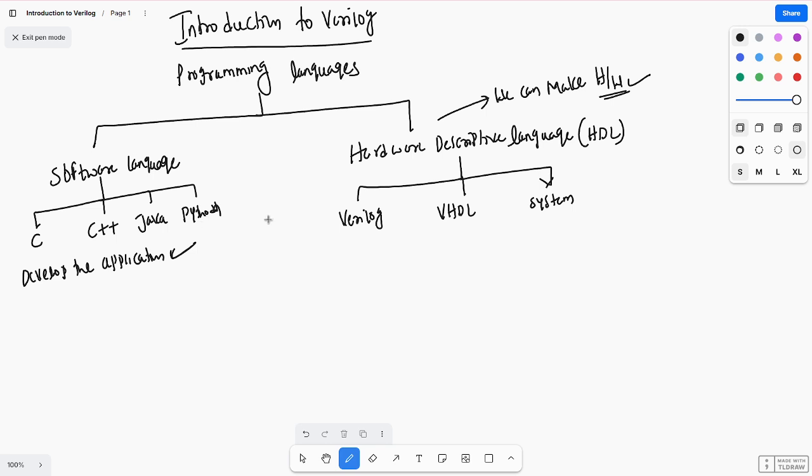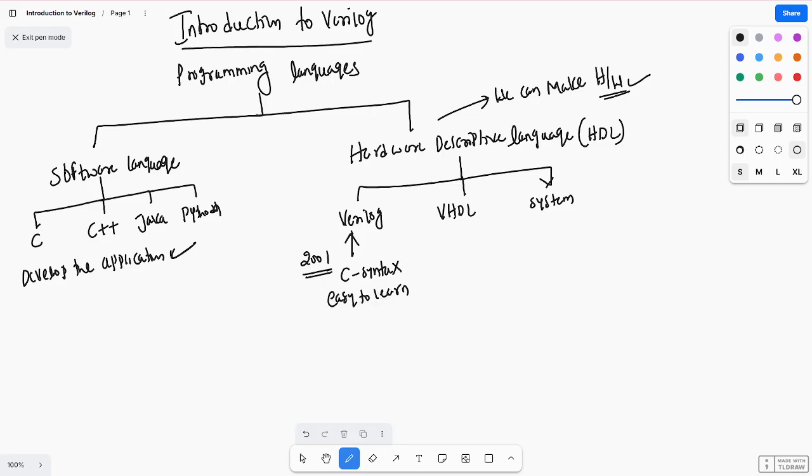So coming to Verilog. Verilog was standardized or came into market around 2001. It will follow C syntax, and this is easy to learn.